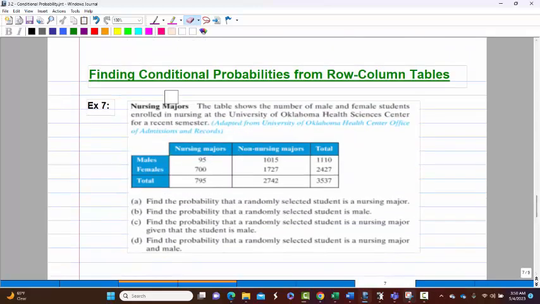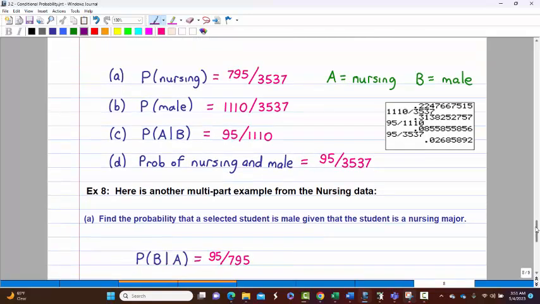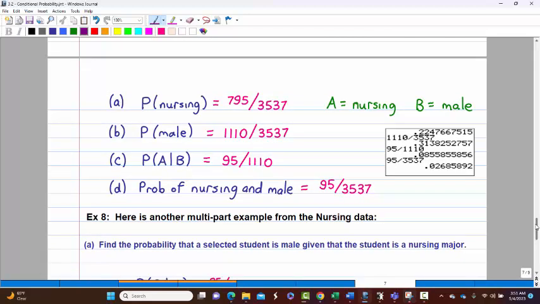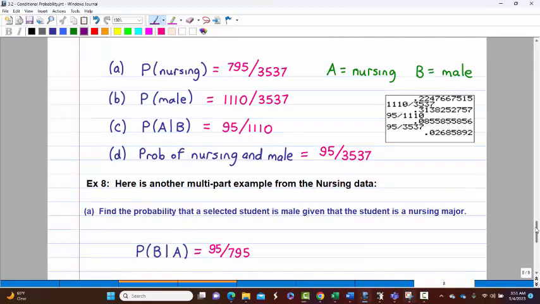Given that it's a nursing major tells us the denominator comes from the nursing majors. Out of the nursing majors, 95 are male.